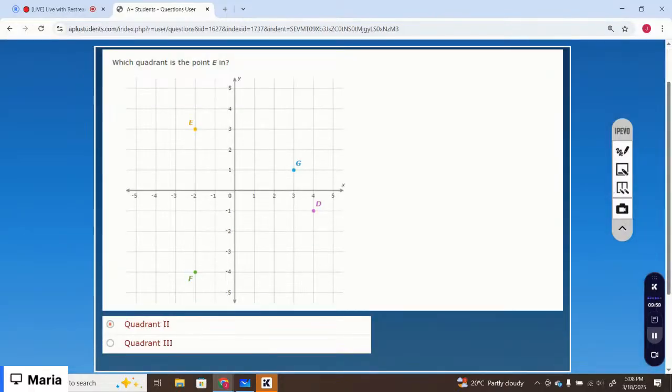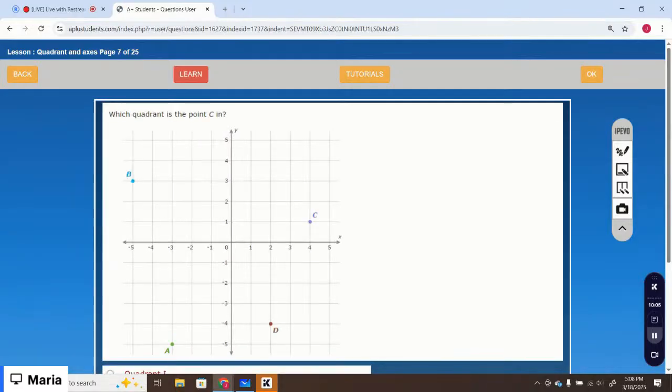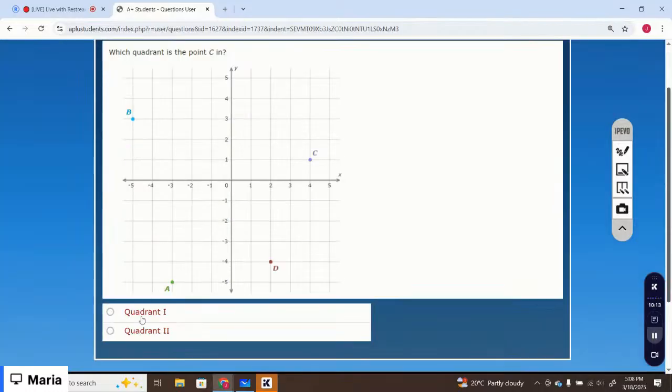The correct option is option number 1. Quadrant 2 it is. Which quadrant is the point C in? Point C is in quadrant 1.